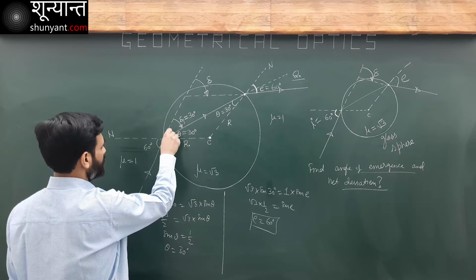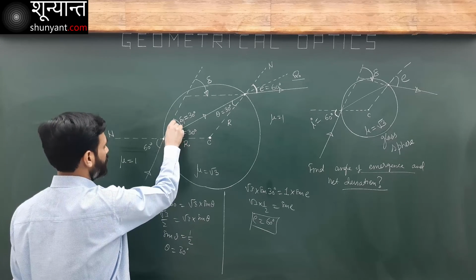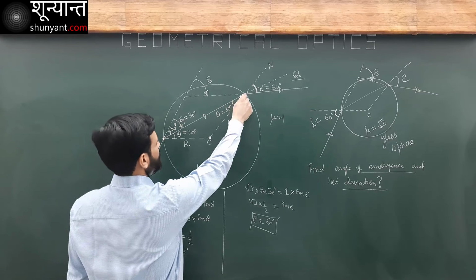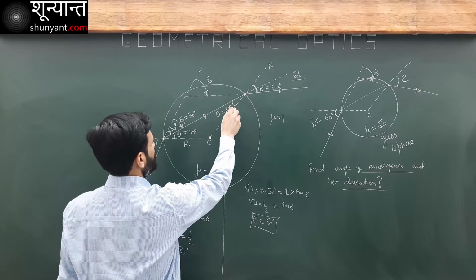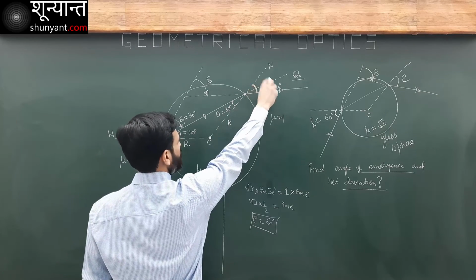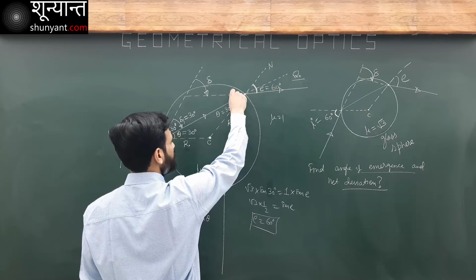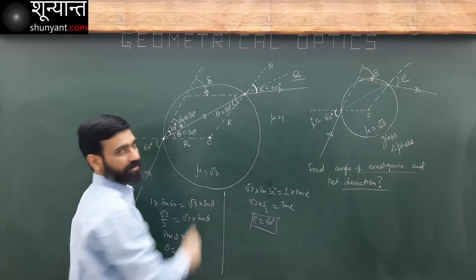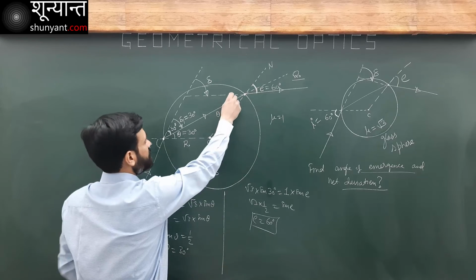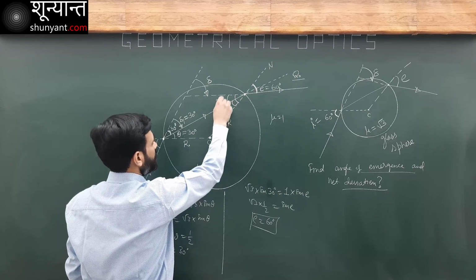That means this angle is also 30. Now, this angle here is 30. This angle is 60. This whole thing is 60, because this is 60. Out of that, this is 30. That means this angle here also is 30.